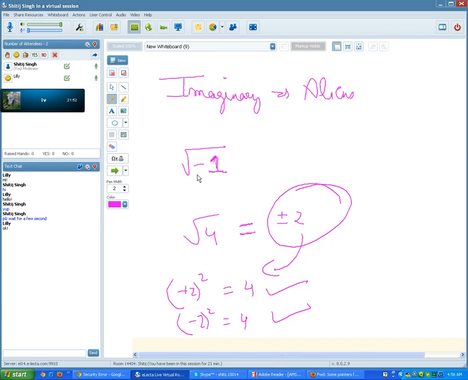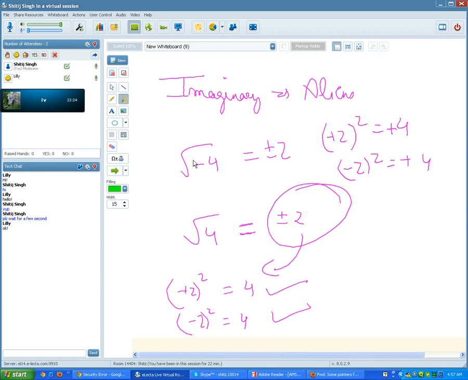Alright, but if you do a square root of a negative 1, you are unable to get it. Okay, just take a square root of a negative 4. If you take plus minus 2 in this case, the square of plus 2 will give you positive 4, and even the negative of this will give you a positive 4, but you are not getting negative 4 in any of the cases.